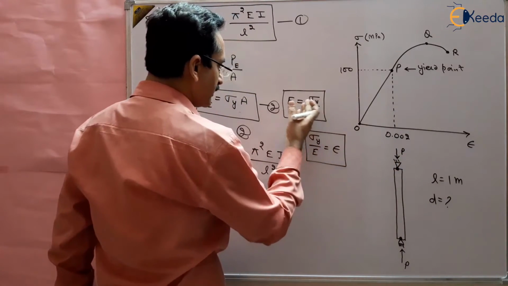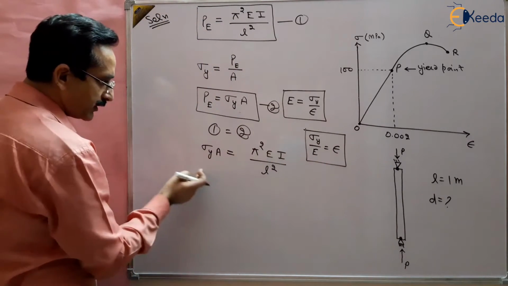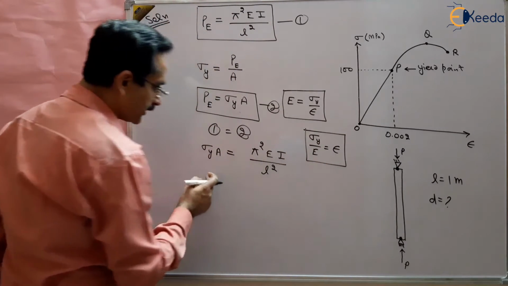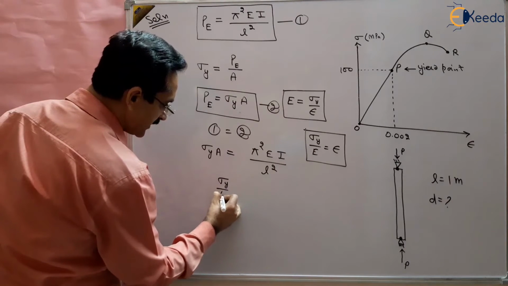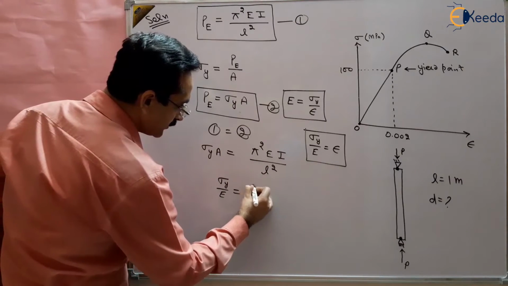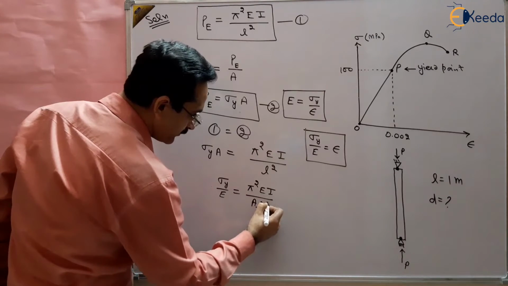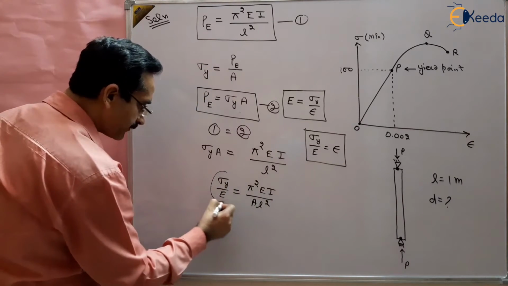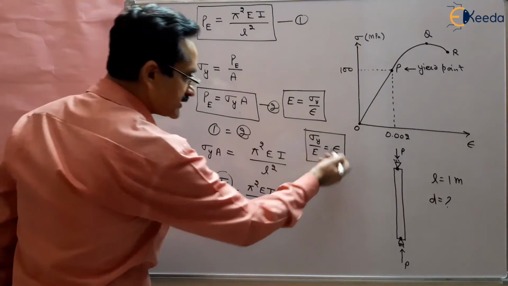So no need to find out E separately. E can be taken in the denominator, so sigma Y by E, basically strain, will be equal to pi square EI upon A L square. This is basically strain, which is 0.002.